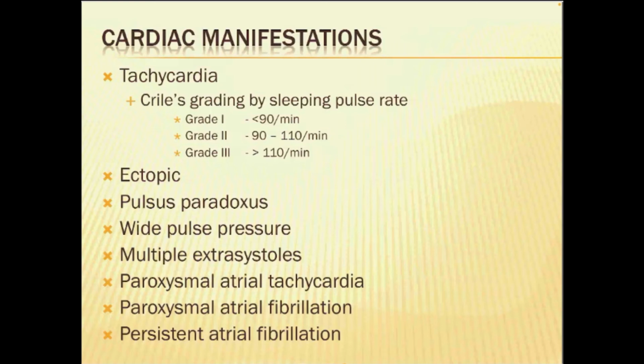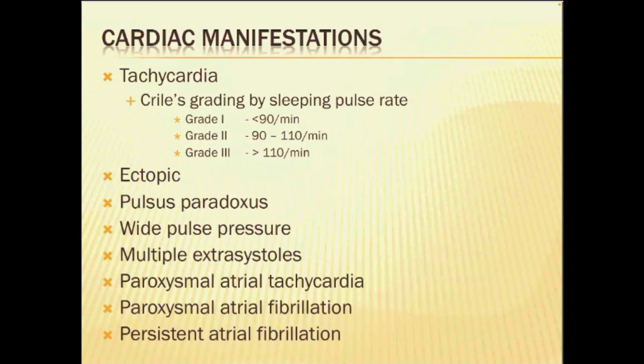Based on Crile's grading, the sleeping pulse rate is divided into 3 grades: grade 1 is less than 90, grade 2 is 90 to 110, grade 3 is more than 110. This describes the severity of hyperthyroidism. If the patient has grade 3, he has severe features of hyperthyroidism. This is what Crile's criteria for sleeping pulse rate means.